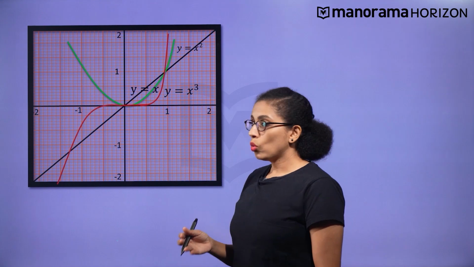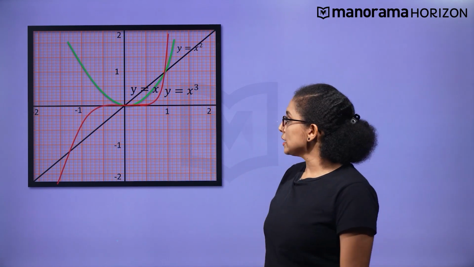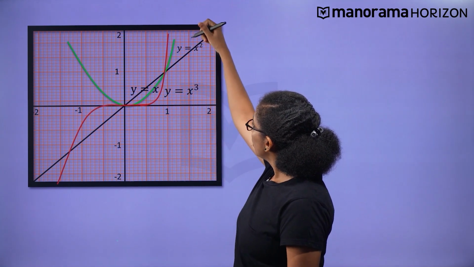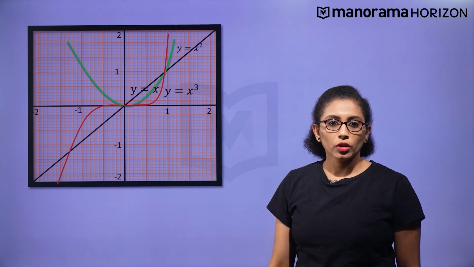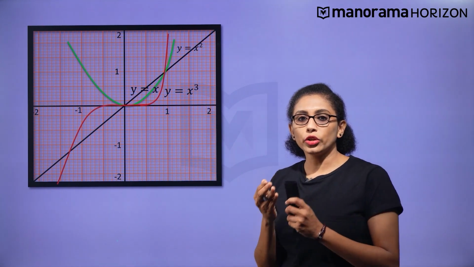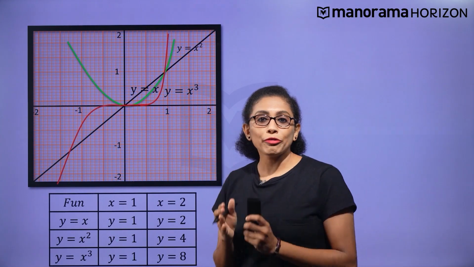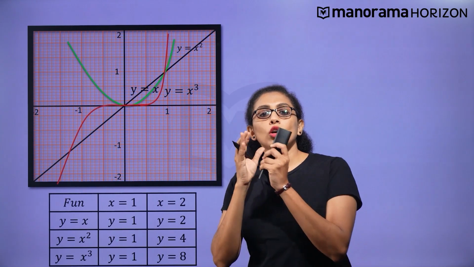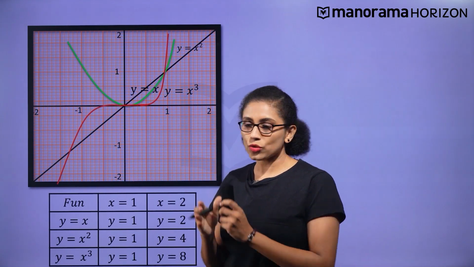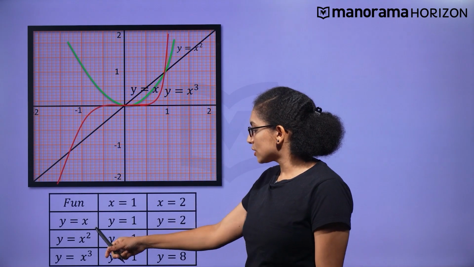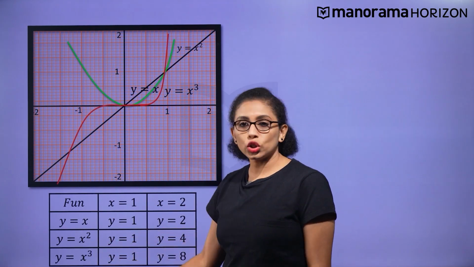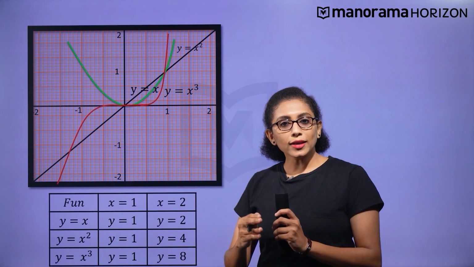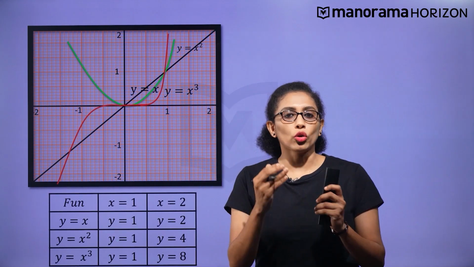Now again, we can draw a graph for y is equal to x cube as it is shown here. It is observed that the growth of the polynomial function is dependent on the degree of the polynomial function. As you can see, for y equal to x, y equal to x square, y is equal to x cube, the higher the degree, the higher the growth.